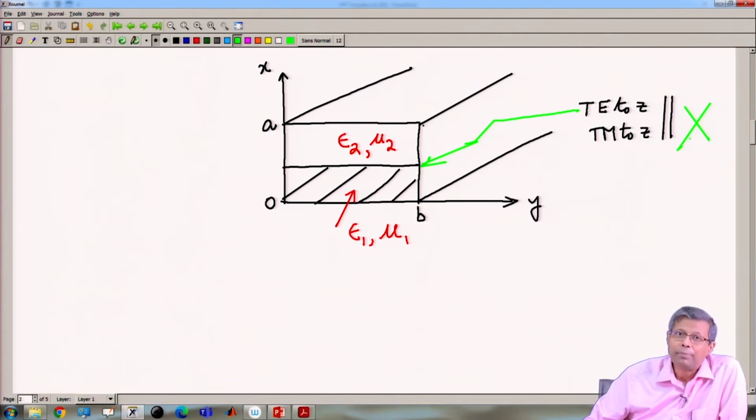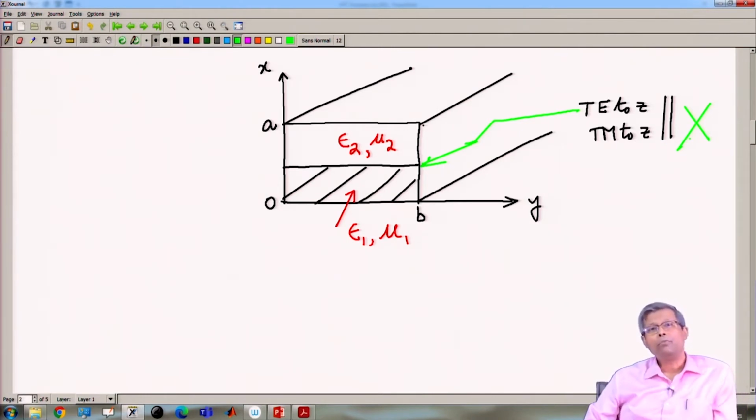The first step, as we all realized when we went through our potential function analysis, when we treated the case of finding the fields radiated by a source or finding the modes inside the waveguide, was that we started from the potential functions and then we found out the fields.